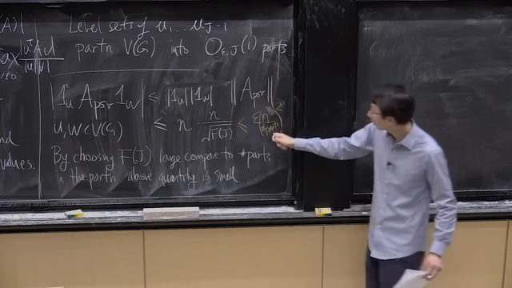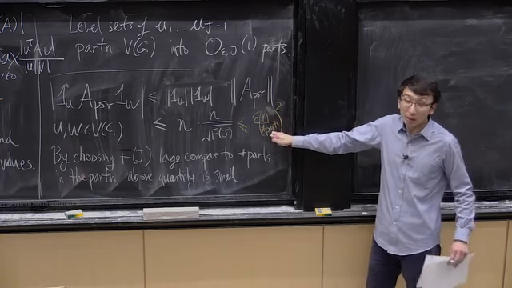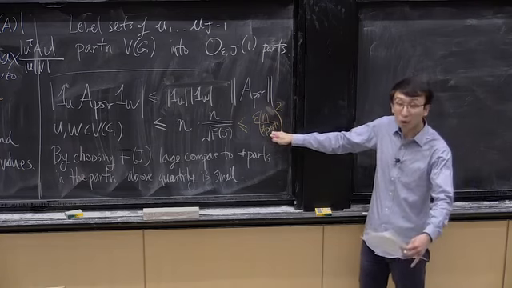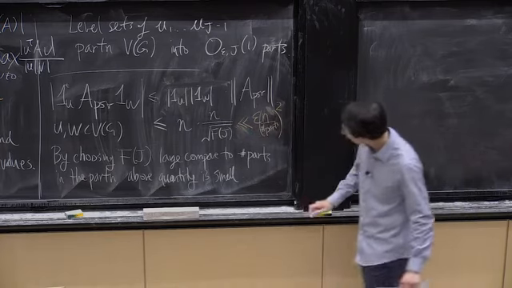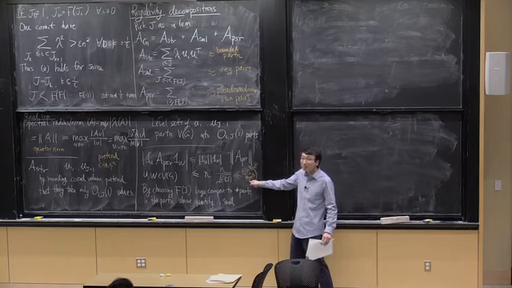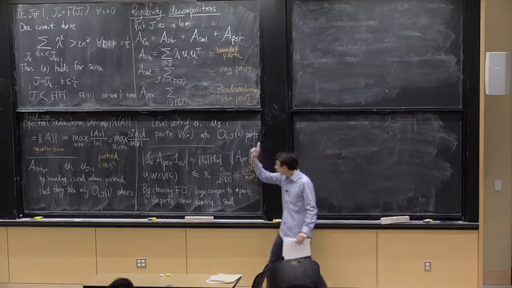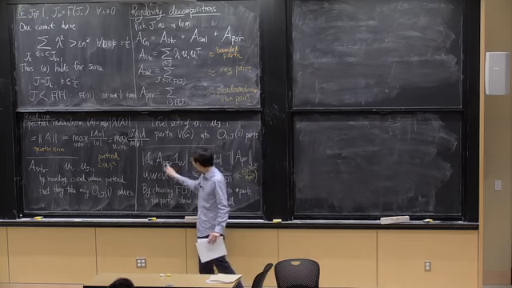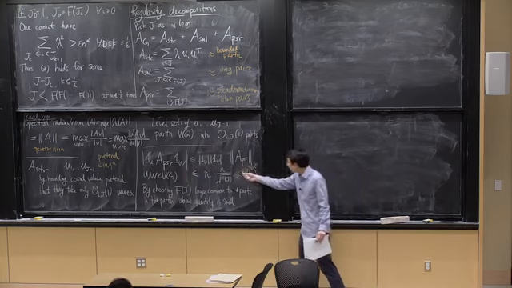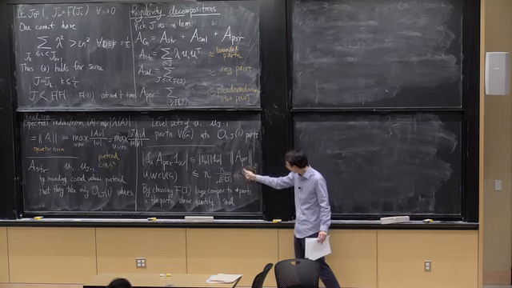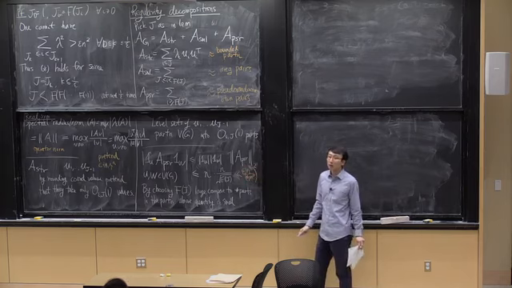Because this quantity is the size of each part. So let me not be precise and say much less than. I want to think about the case when U and W lie inside each part, in which case I want the difference to be much less than epsilon times the size of the part squared.